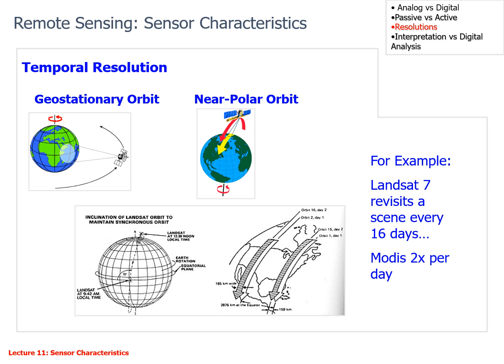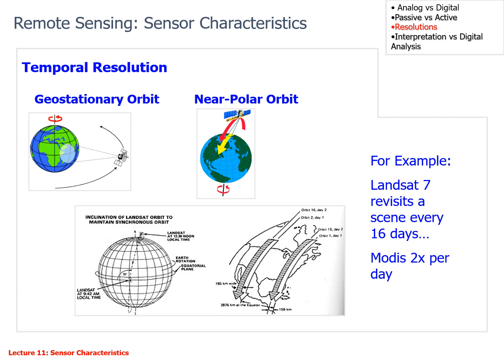So when it's passing the equator, the point underneath has the same time, like 9:47 a.m., for a particular observation. Landsat 7, or most of the Landsats, revisits a scene every 16 days.